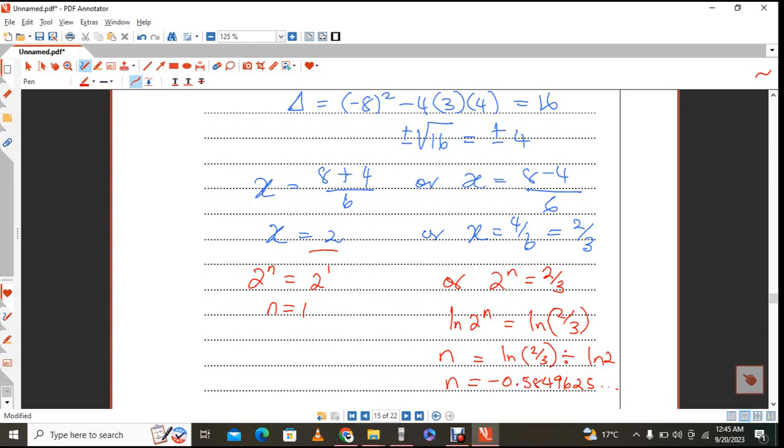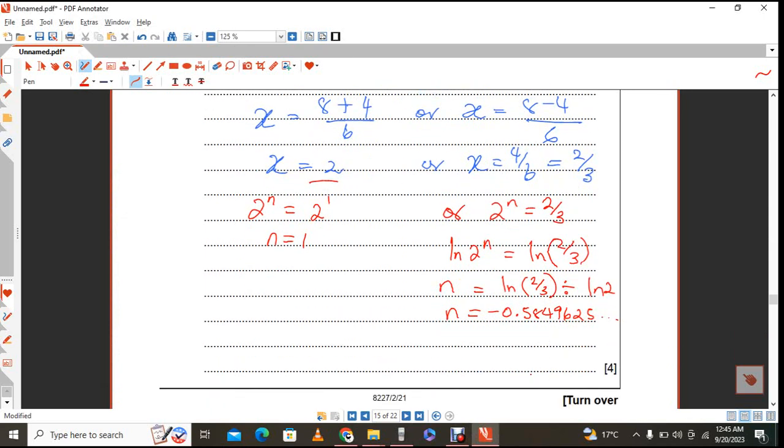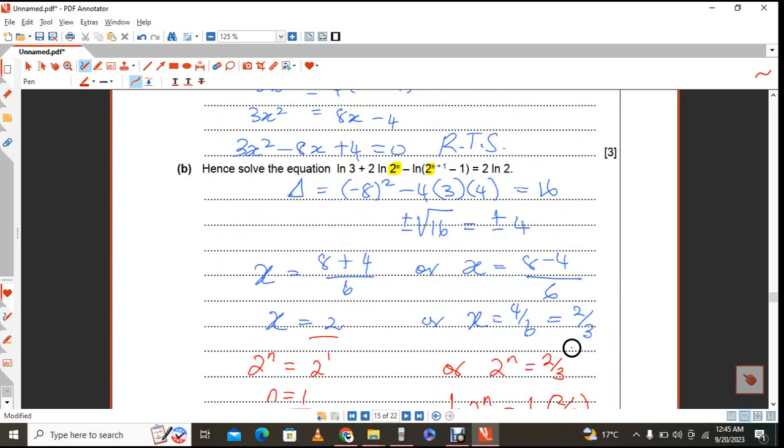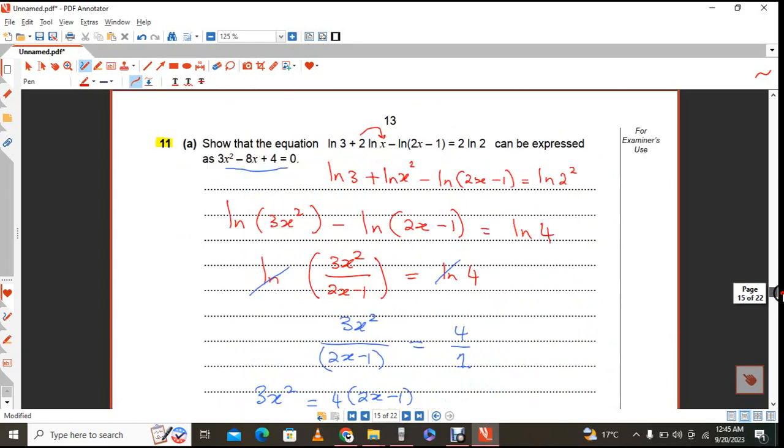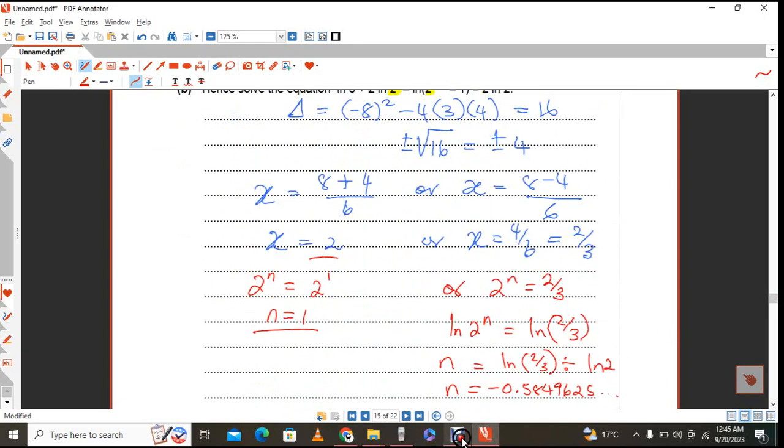So eventually, to 3 significant figures, you can say that n equals negative 0.585. So these therefore are the two solutions to that equation. All right. So again, that is part one of the question papers. Stand by for part two and part three.